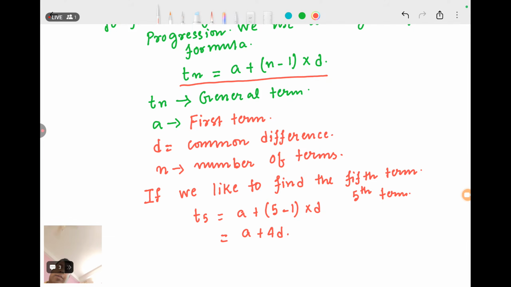The formula is telling us that if we like to find the fifth term, then t5 is equal to a plus 4d.